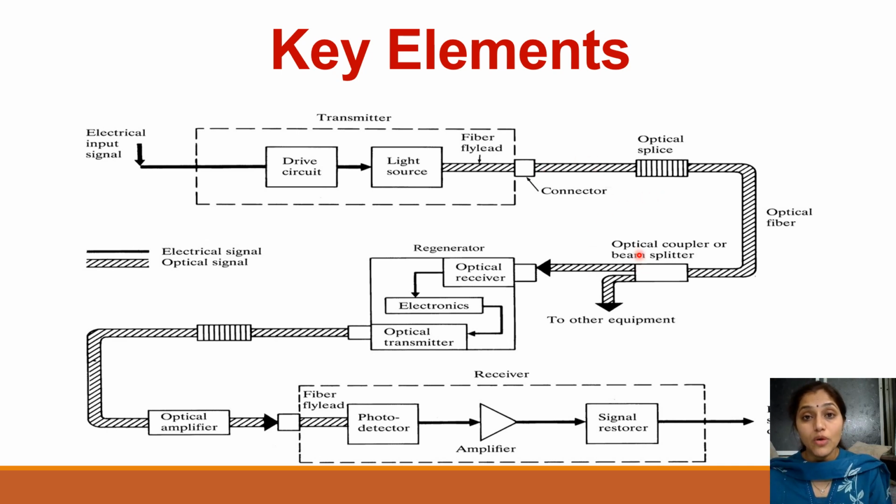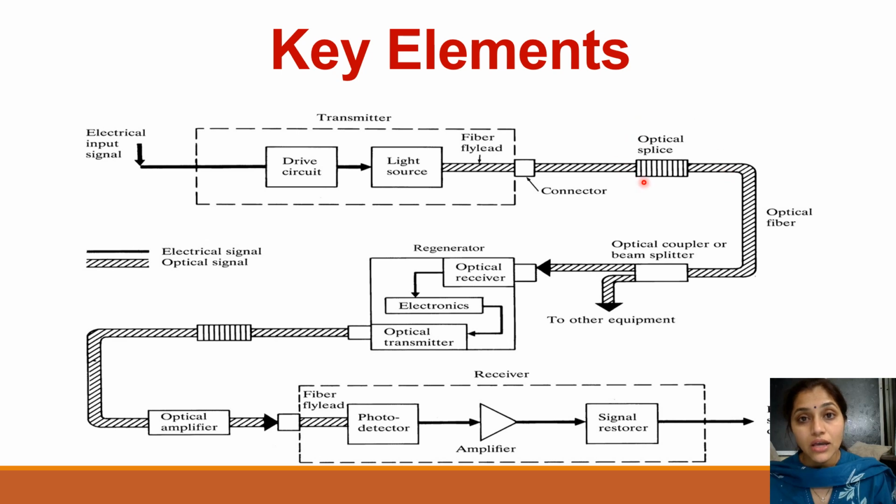Then we use optical fibers or optical fiber cables for long distance communication, and it is not possible to fabricate such a long cable. So we need to connect different cables together, and for connection of different cables together to increase length of the cable, we use optical splices.